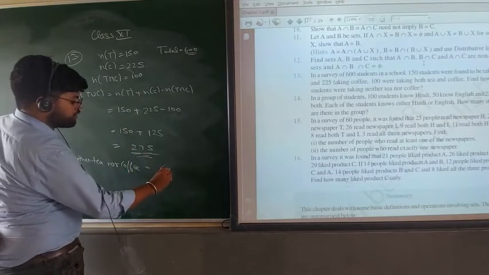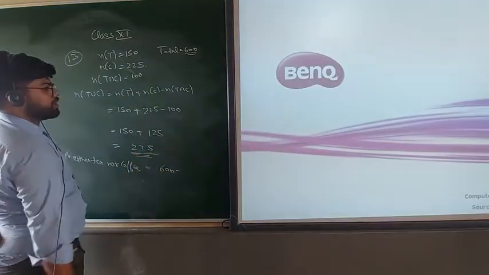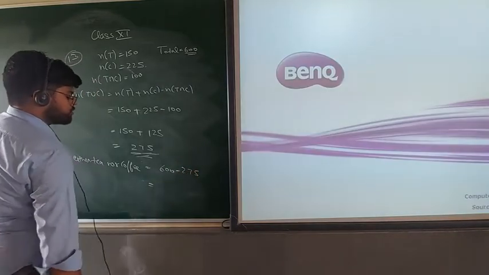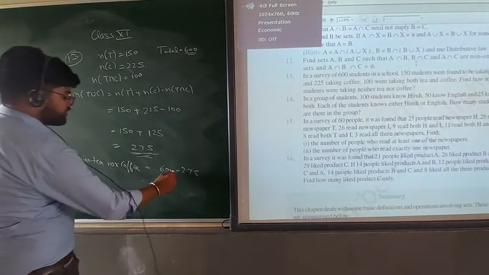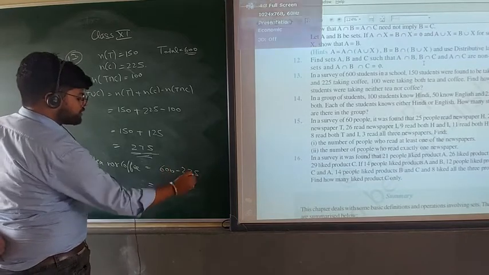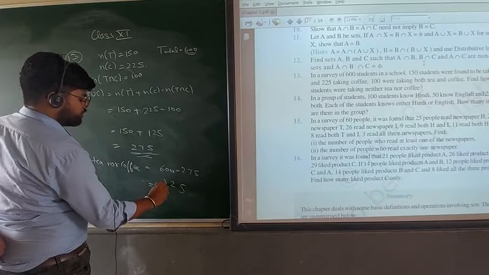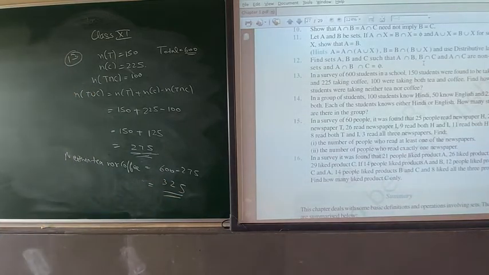Total 600 minus 275. That is 325. So 325 students are there who have taken neither tea nor coffee.